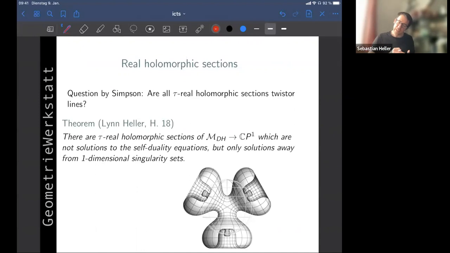Solutions of the self-duality equations can be seen in the rank 2 case as harmonic maps to hyperbolic 3-space. The picture here shows a two-sphere, the grid. Inside is a hyperbolic space, and outside is a second copy of the hyperbolic space.